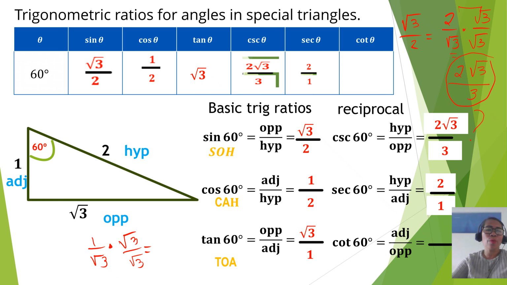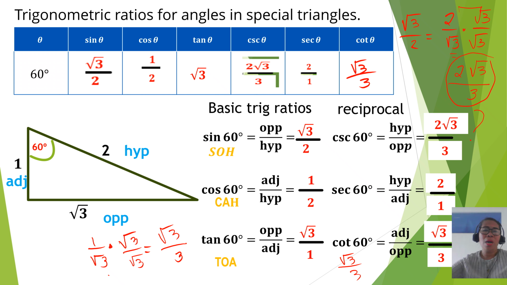So 1 times square root of 3 is square root of 3. Square root of 3 times square root of 3 is the square root of 9, and the square root of 9 is 3. That is why the answer for this is square root of 3 over 3. Okay. So again, this will be square root of 3 over 3.